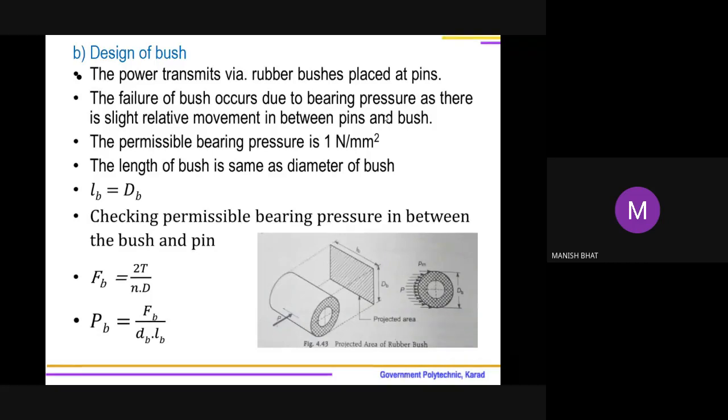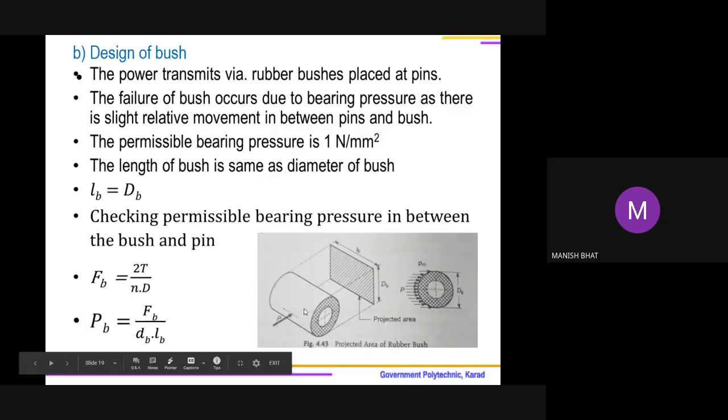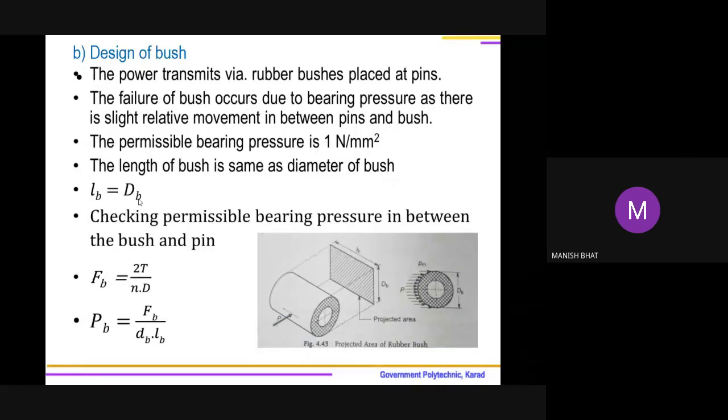What is the empirical relation? Length of bush will be equal to diameter of the bush. I'm speaking about this length of the bush, made equal to the outside diameter of bush, which we have recently selected empirically. We are now going to verify whether it is correct or not by considering permissible bearing pressure.